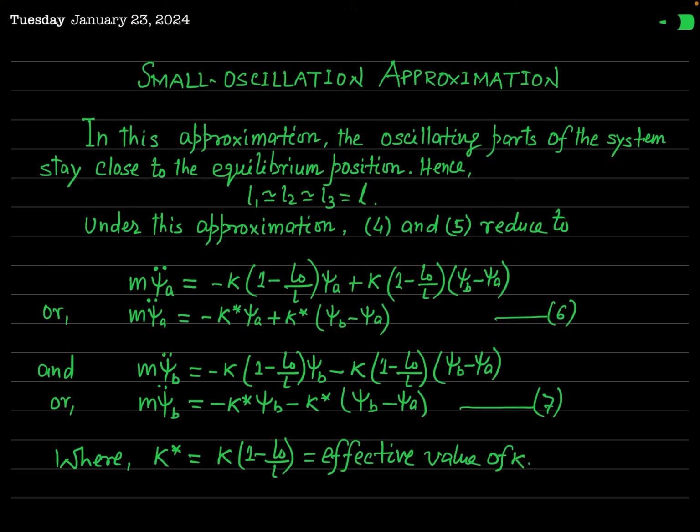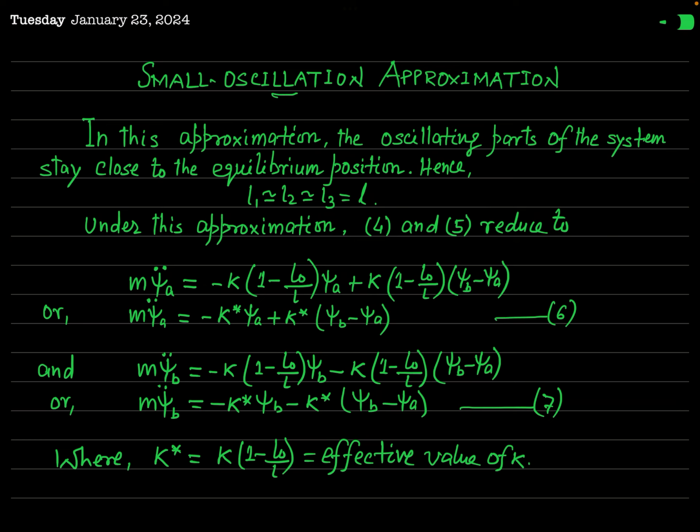Now we will talk about another approximation under which we will discuss the normal mode frequencies, and this is the small oscillation approximation. In a small oscillation, the displacement of the moving part of our system from its equilibrium position is very small.